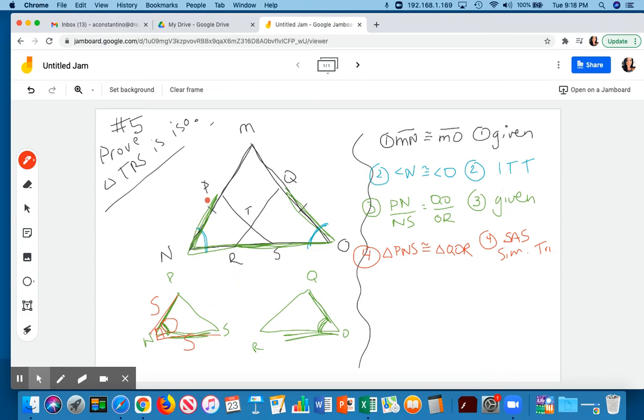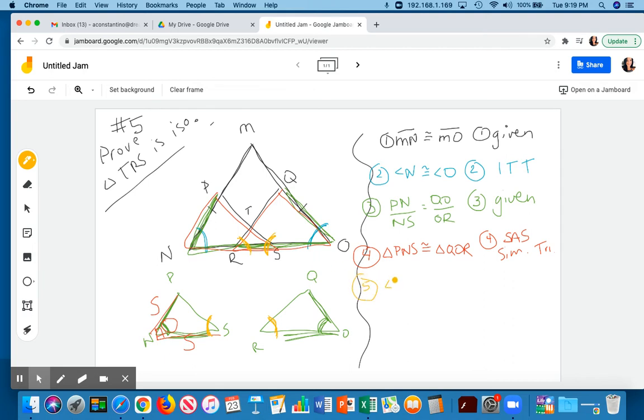Now that we've proved that these small, medium-sized triangles, I guess, are congruent, I hope I have another color. We'll see if yellow looks good. Then what we can do is talk about angle R and angle S. If you look at the medium triangles down here, we can say that S and R are congruent because, let me write that.